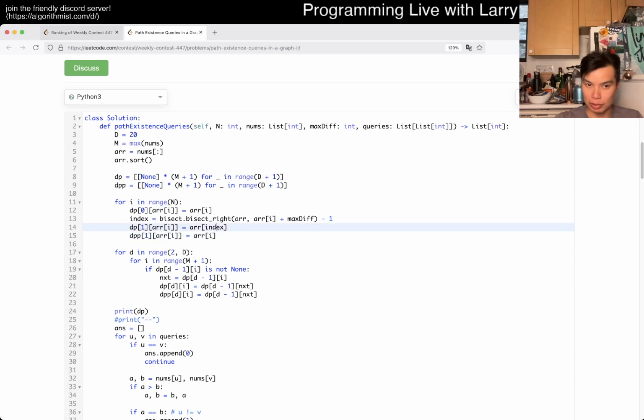So then okay, this is 1 move, so this is 0 moves. And then now, if it's 2, it's going to be 1.